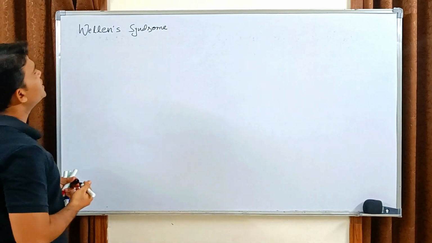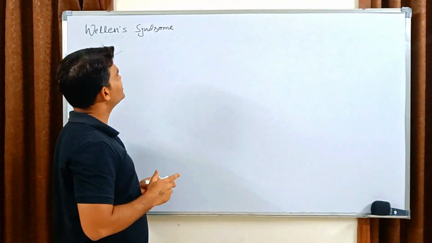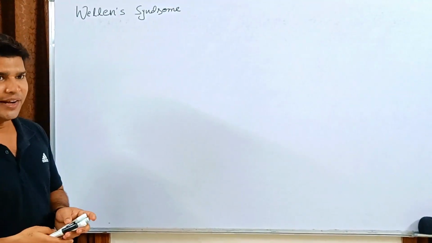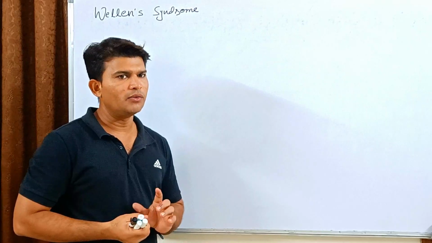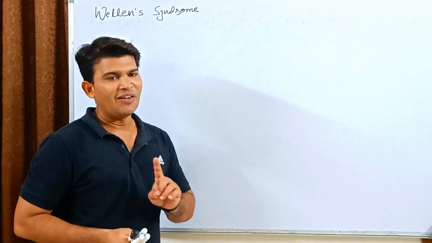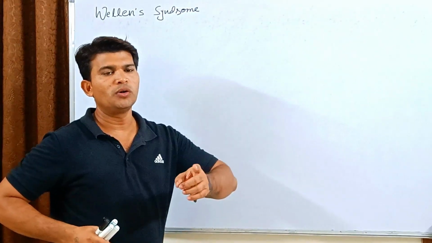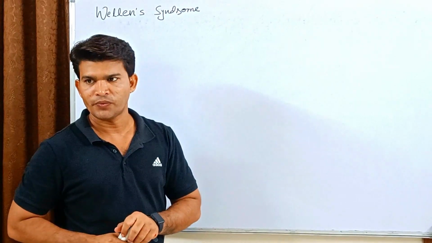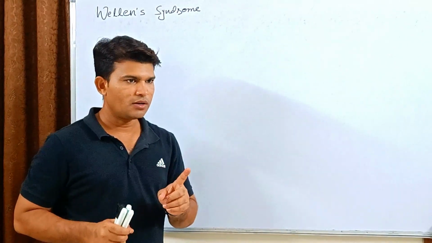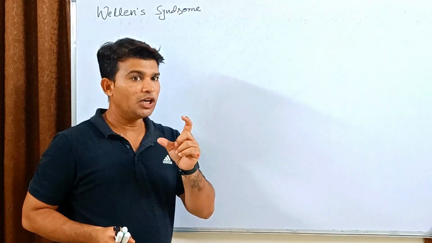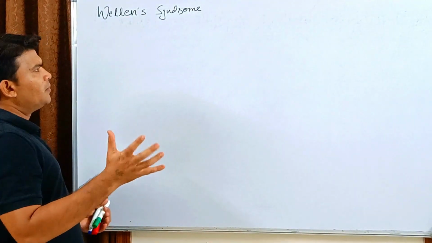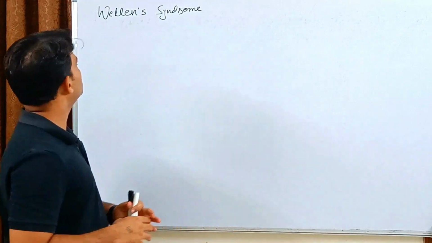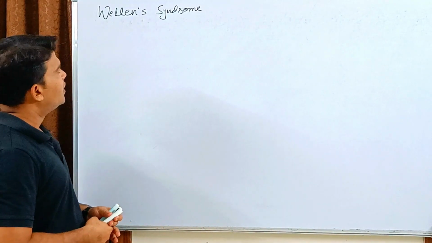Wellens syndrome is basically a set of clinical findings in which we typically see, in V2 and V3, a biphasic T wave, or a deep inverted T wave, right? And it indicates something particular that we are going to discuss.